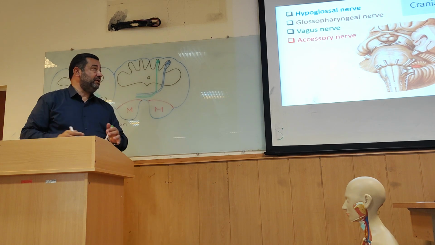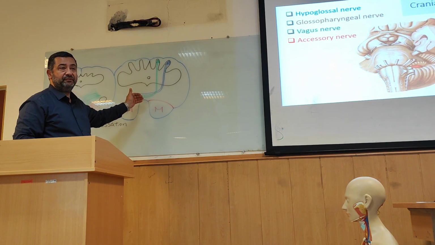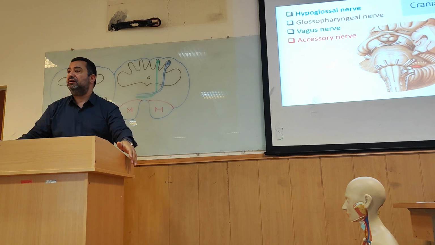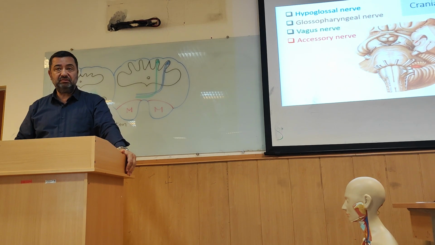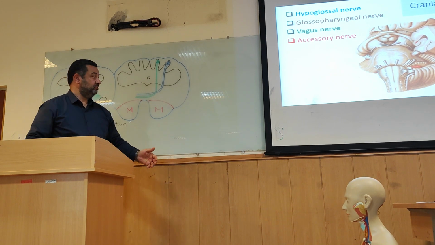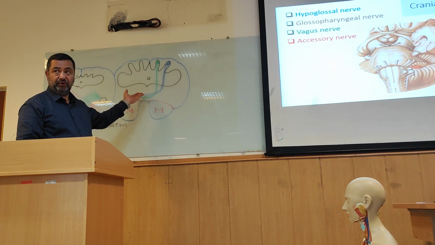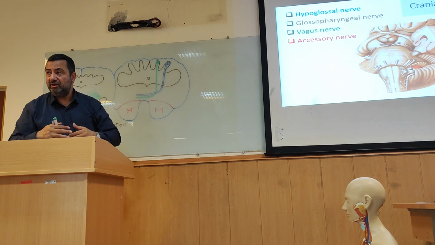Yeah? Internal arcuate fibers of the cuneatus are located posterior to the internal arcuate fibers of the gracilis. Okay? This is for discriminative touch and vibration of lower limb and upper limb. Yeah? You see here, lower limb is anterior to the upper limb.